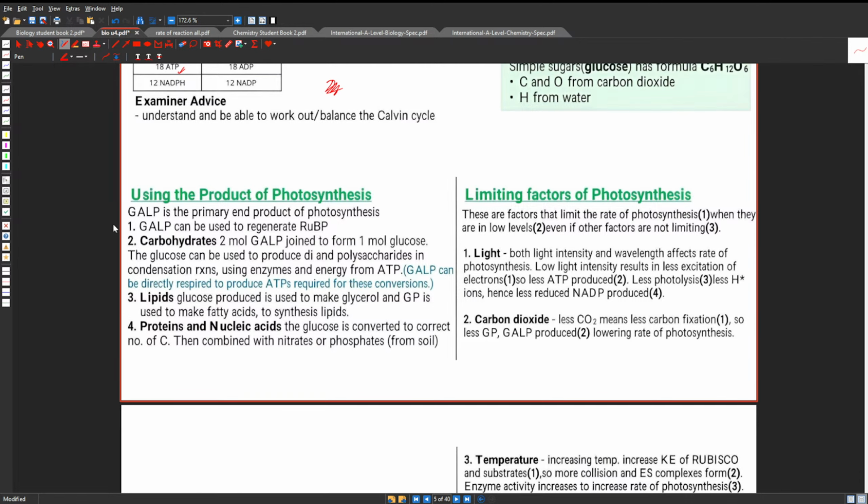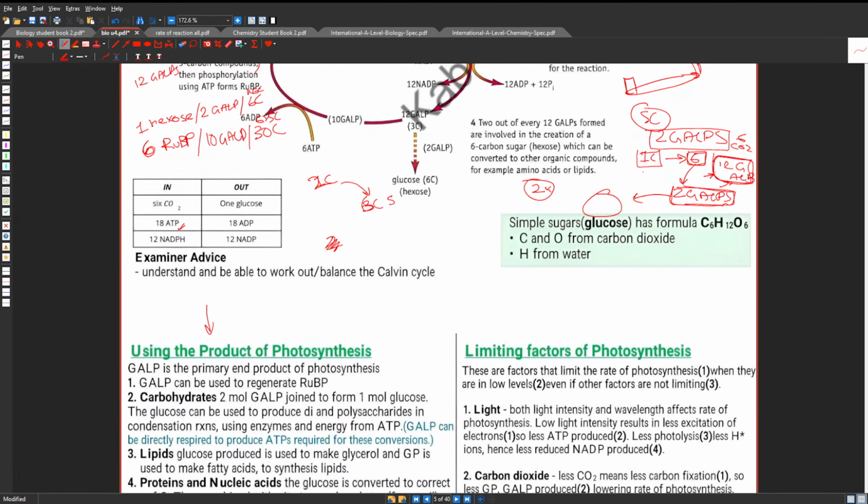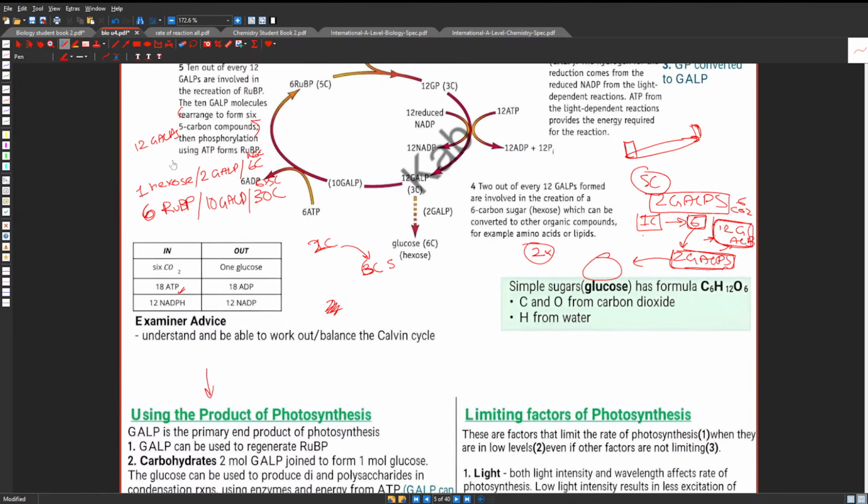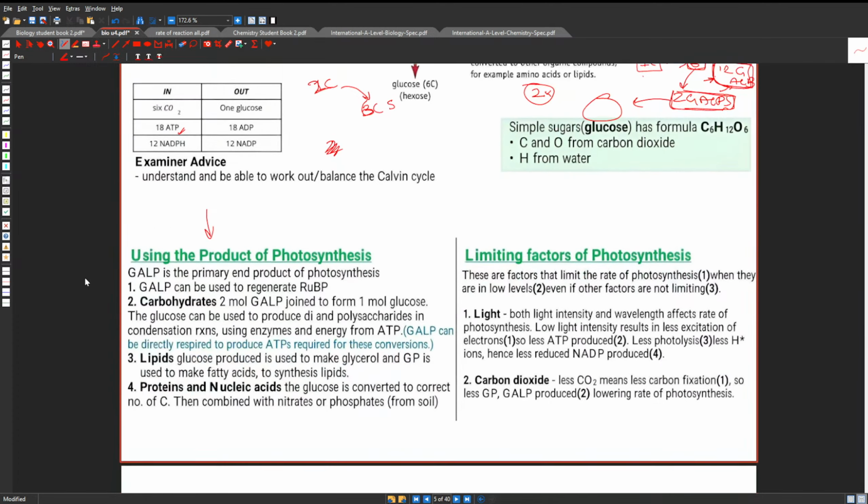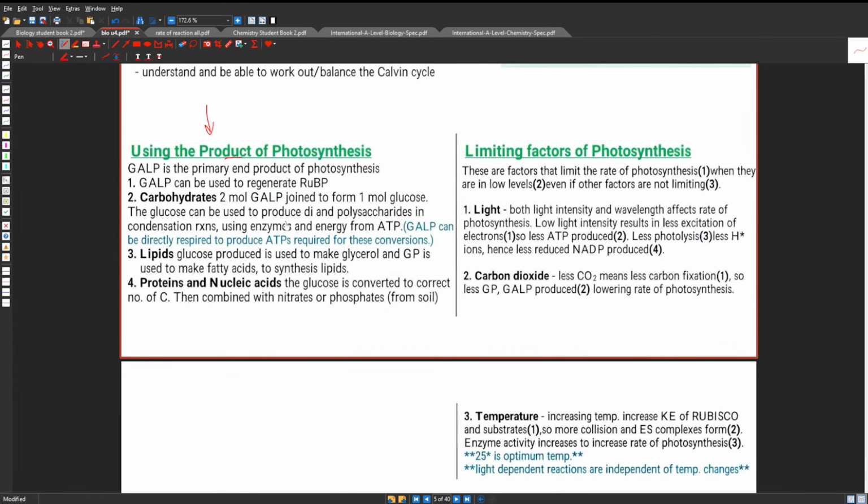Okay. So uses of GALP. We figured out how the maths behind it really. So how is GALP used? We know that there are three main uses. One is the primary use, which is actually to remake the RuBP.